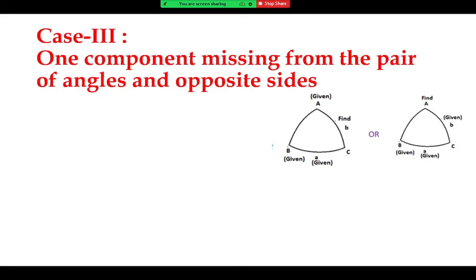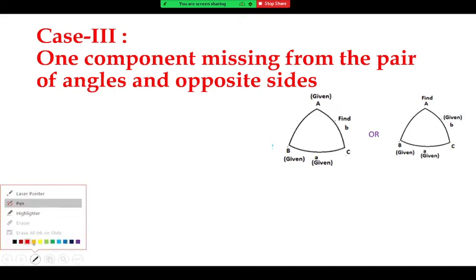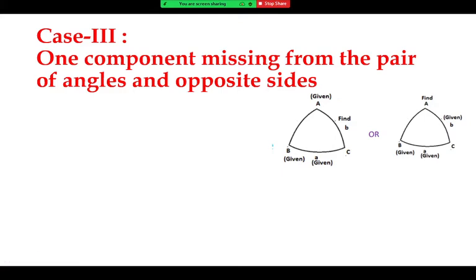Case 3 is when one component is missing from the pairs of angles and sides. Let me show you here. You'll observe the pair is an angle and its opposite side, and another angle and its opposite side. So we have two pairs of angle and opposite side.